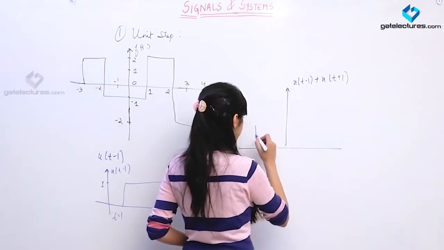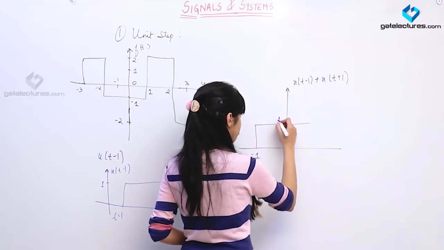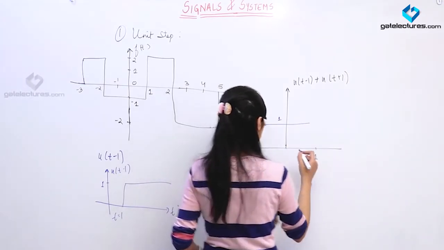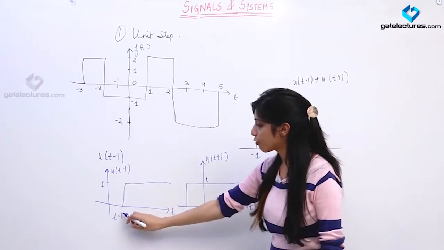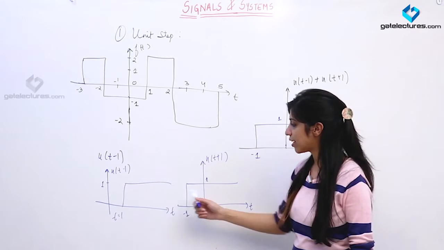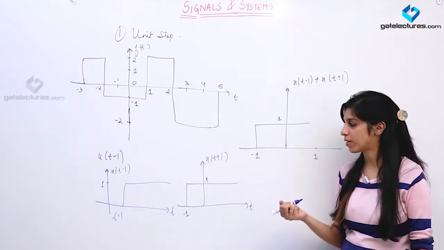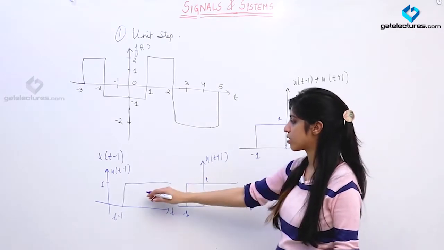So we are going to have the value of the signal as 1 from minus 1 to 1. Now from t equal to 1 onwards, both the signals are existing with value 1 each. So when I add these two signals, the value of the equivalent signal is going to be the addition of these values.